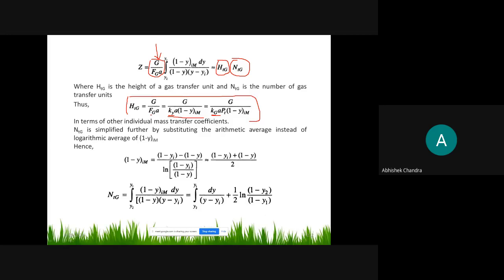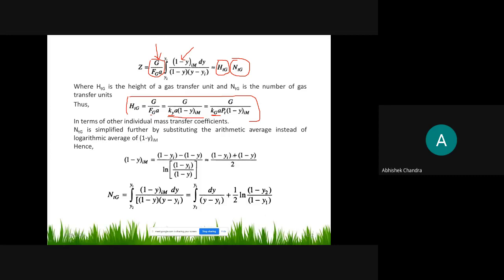Then NTG is again simplified by further substituting the arithmetic average instead of the logarithmic average. Here we have written the logarithmic average.